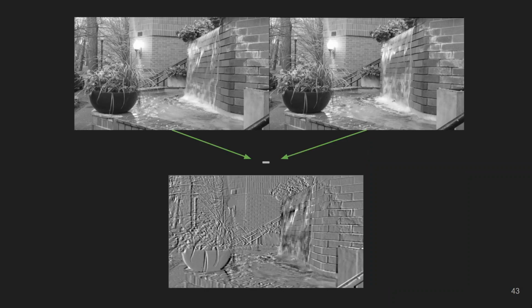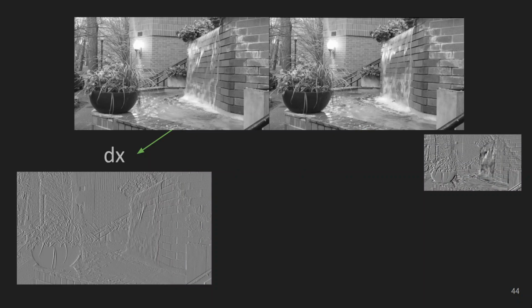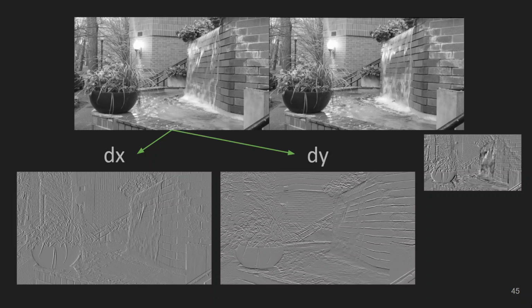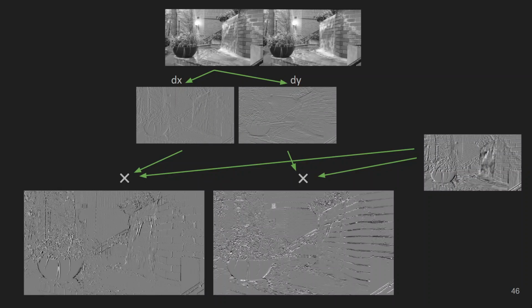Then we take the difference of these two frames using subtraction, apply both an x and y derivative kernel to the first frame, and finally multiply these with the difference of the two frames. This gives what I call correction pictures, where positive values mean positive movement will reduce the error, which means they're better aligned.